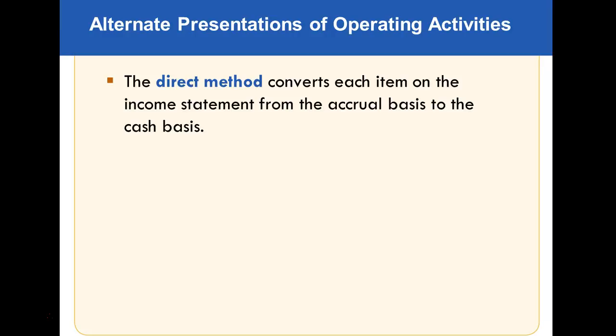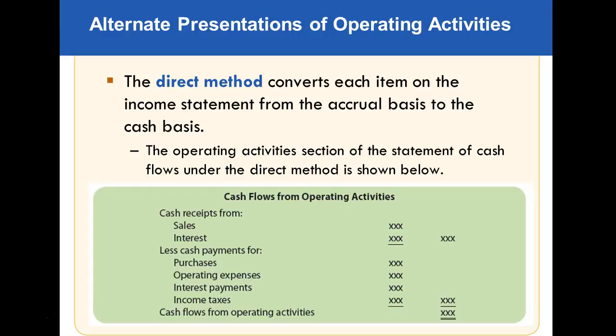Now here's the crux of what we're going to do. There's two methods in creating a statement of cash flows. One is called the direct method and one's called the indirect method. The direct method converts each item on the income statement from the accrual basis to the cash basis.